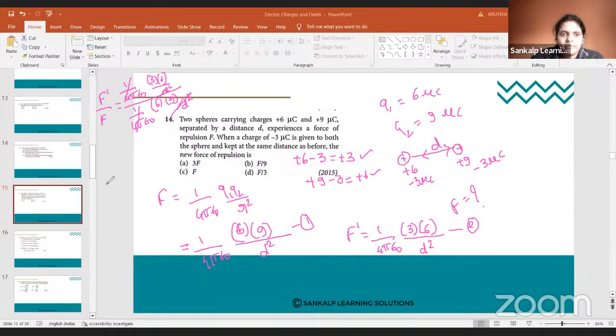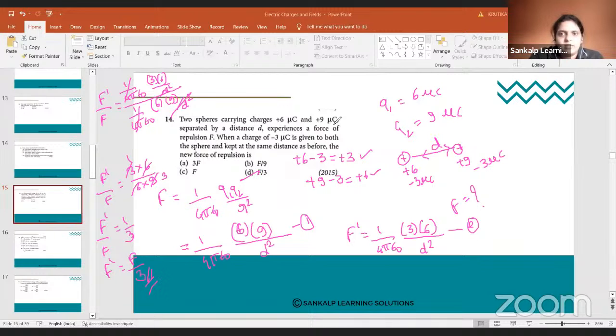So we are left with only F dash by F is equal to 3 into 6 divided by 6 into 9. So 6 will go, 3 ones are 3, 3 threes are 9. Therefore F dash by F is equal to 1 by 3. Therefore F dash is equal to F divided by 3. So option D is correct here.